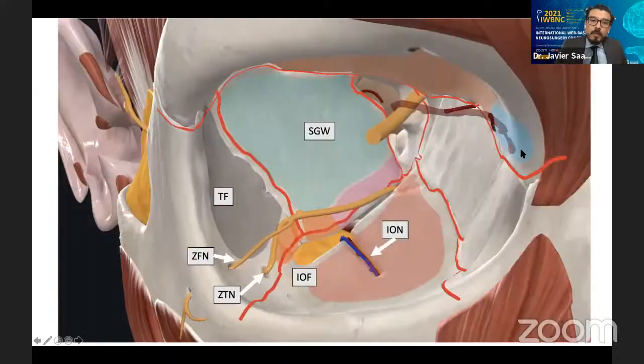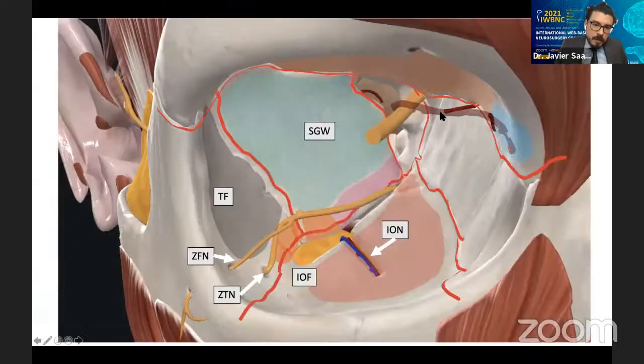This is a picture that we have made in our laboratory, depicting the different corridors to the different compartments that you can reach through the orbit.